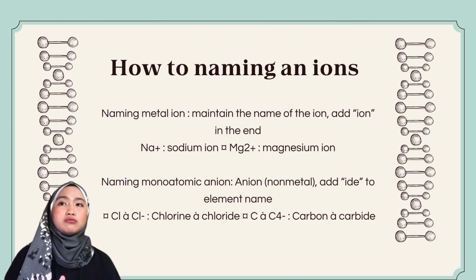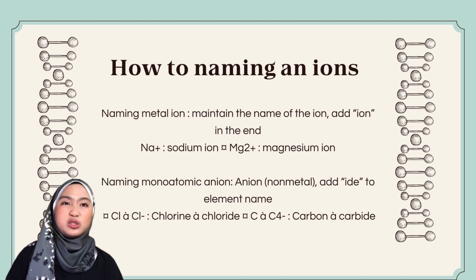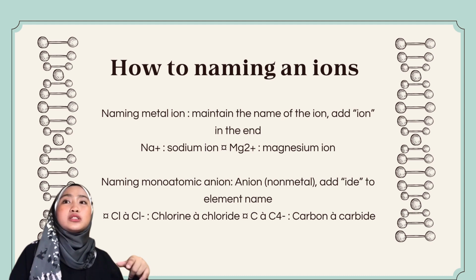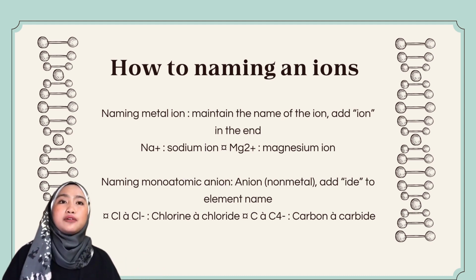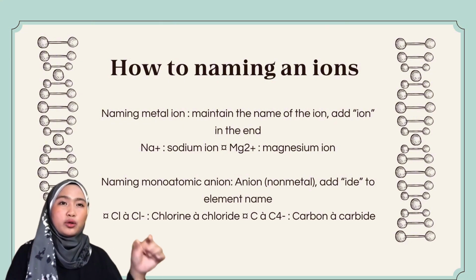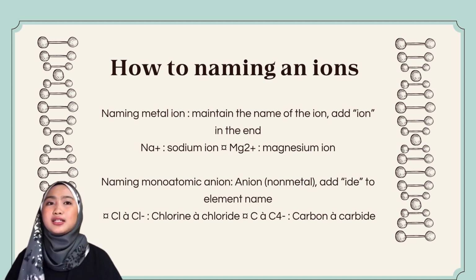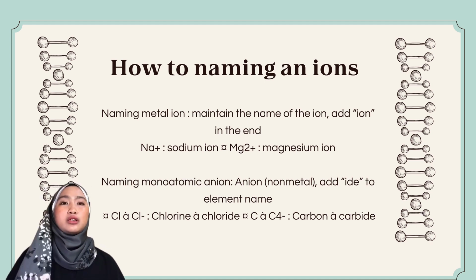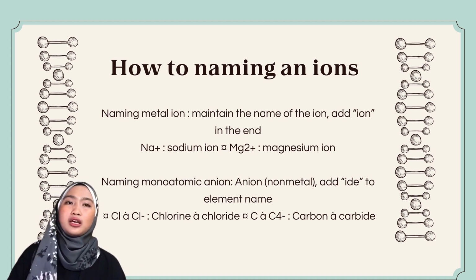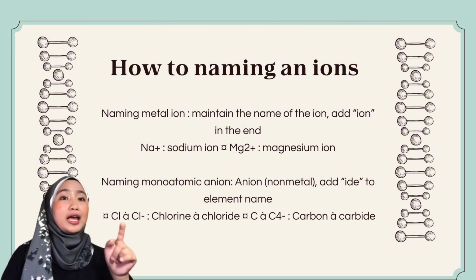For a metal ion, you need to maintain the name of the element, and you add "ion" at the end of the metal. For example, sodium ion. Next we're going to anion, which is a non-metal ion. For a non-metal ion, you need to add -ide to the element name.